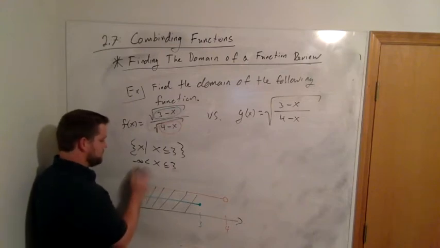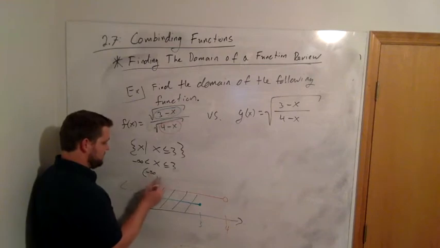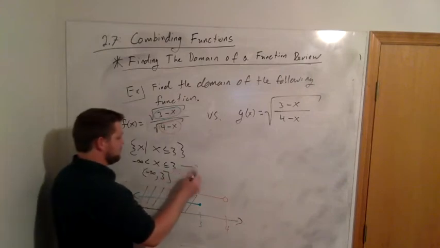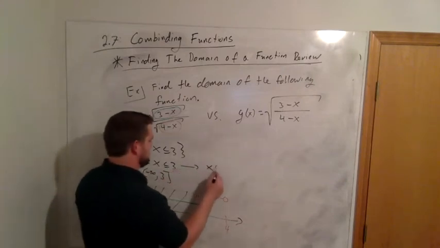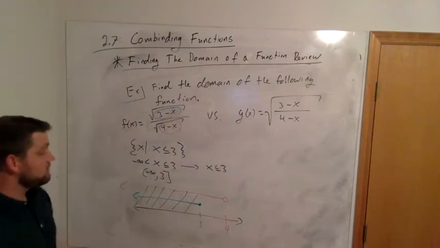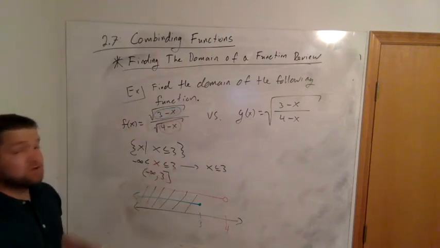Or it can be written with a soft bracket from negative infinity all the way up to 3, hard bracket on 3. You could also equivalently just say that x needs to be less than or equal to 3 if you'd like. So that's our first example here. Let's take a look at the other one.